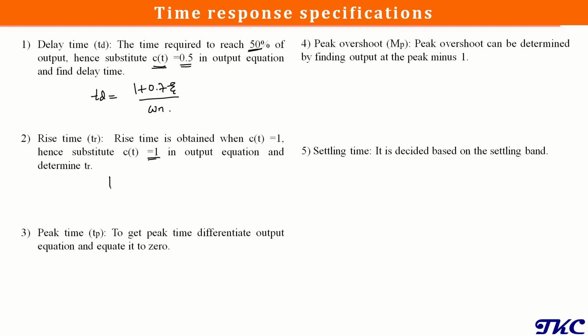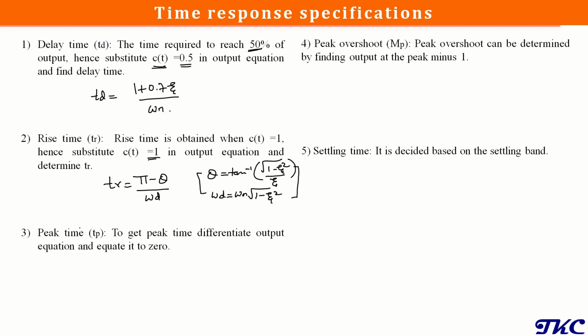So rise time is given by Tr is equal to (pi minus theta) divided by omega d. Here theta is equal to tan inverse of (under root of 1 minus zeta square) divided by zeta, and omega d we know is omega n under root of 1 minus zeta square. So based on theta and omega d, we can determine the rise time.